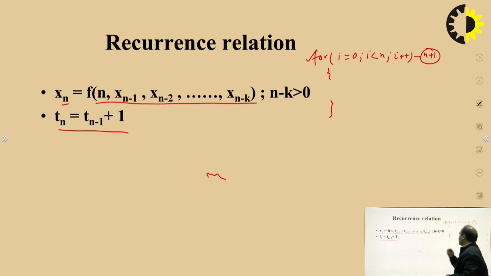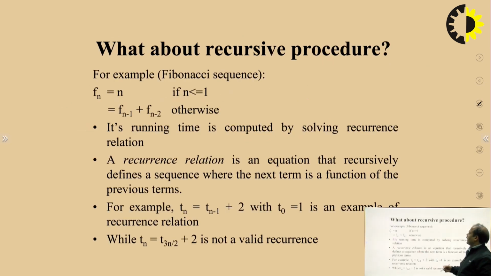This defines recurrences. If we define tn equal to tn plus 1 plus 1, this is not a recurrence because the nth value is not expressed in terms of past values. So how do we solve such recurrence relations? There are many methods. First I will discuss the method of characteristic equation, followed by the master method and other methods.